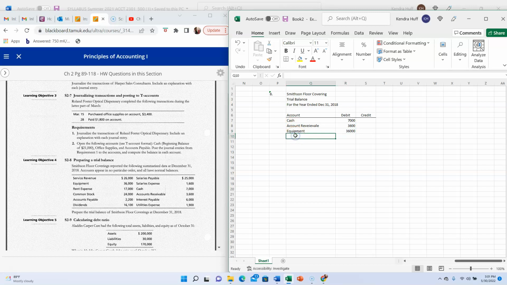So now I need my liabilities. First liability is typically accounts payable. There it is right there. Has a credit balance. And then I have the salaries payable. The interest payable.